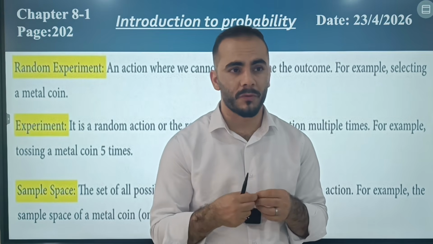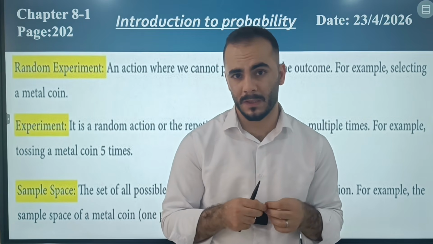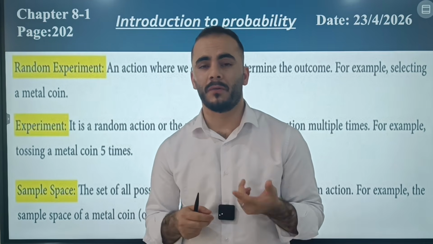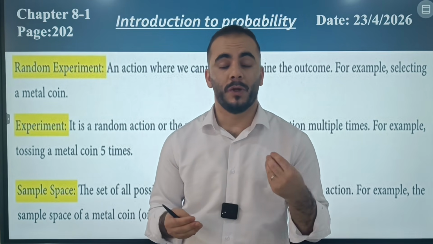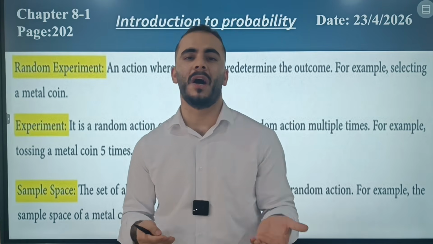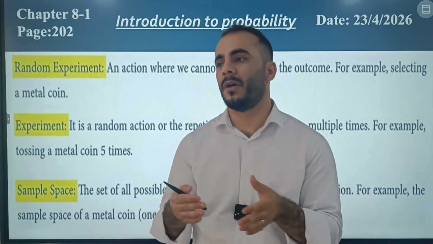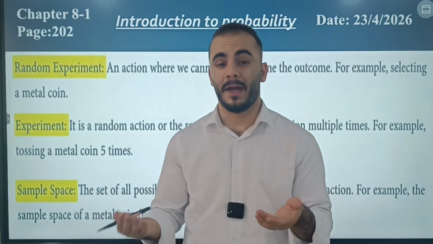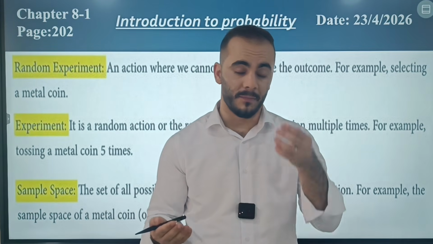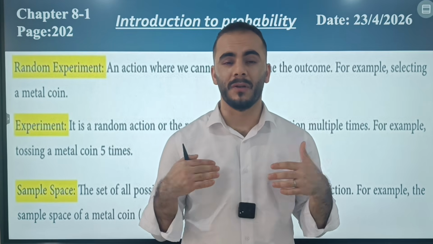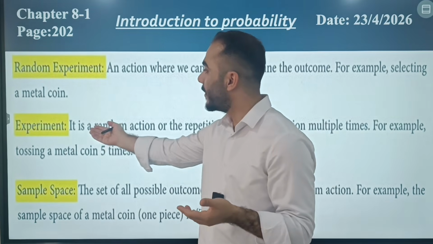The difference between a random experiment and an experiment is this: when we do it one time randomly, it is called a random experiment. But when we do it multiple times, when we throw a coin 10 times to see how many times we are going to get heads and how many times tail, then, when it is happening multiple times, it's called an experiment.